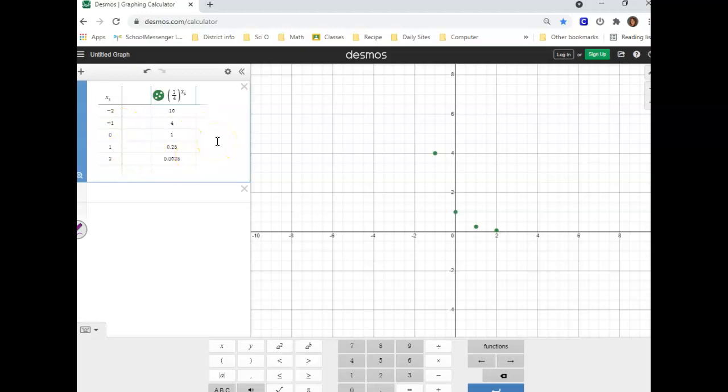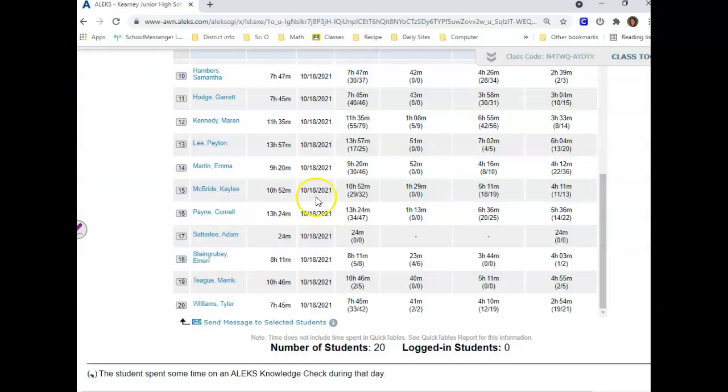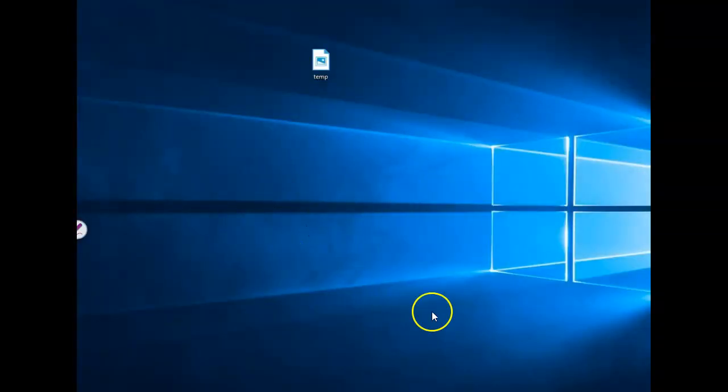Now, plugging it into Alex is a whole other thing. So I'm going to get out of here and see if I can jump up with my Alex. Where is Alex? I know it's here somewhere. Sorry, I didn't mean to bring that up.